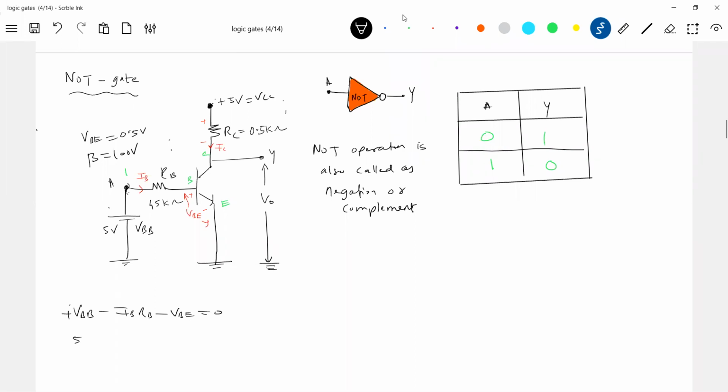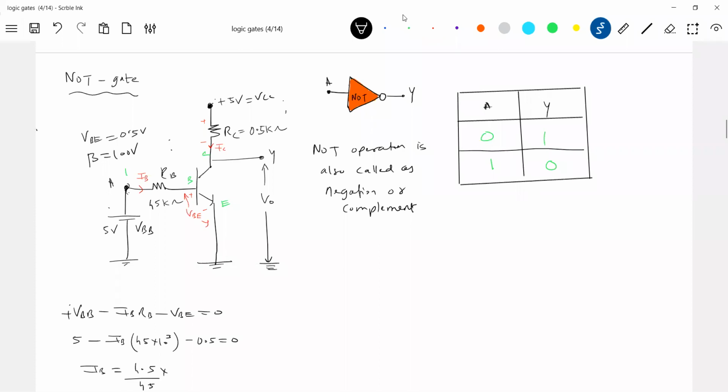We have 5 minus 0.5, that is 4.5, divided by 45 kilo ohm.